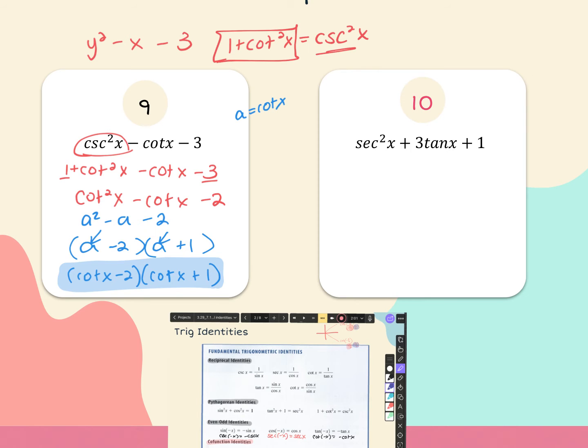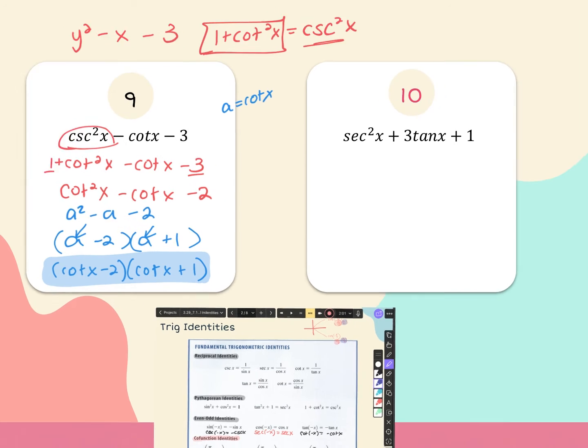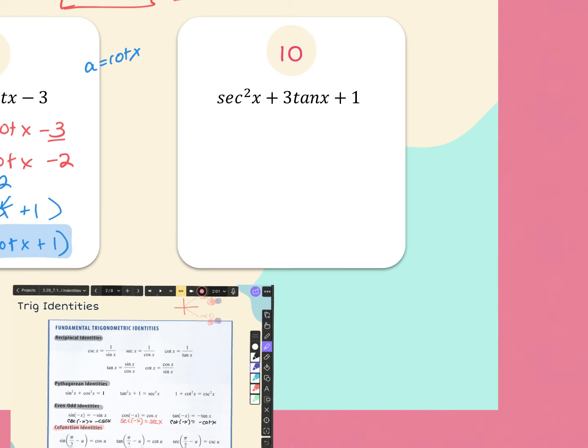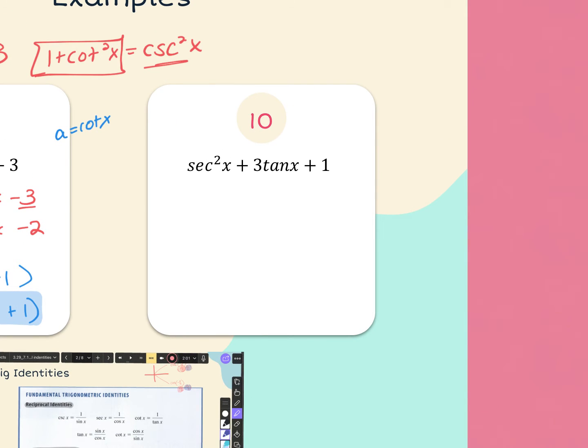All right, now look at 10. Again, we've got something squared, something not squared, and the number, which means we're usually going to factor something. But these are not like terms. So where on my reference sheet is there a link between secant and tangent? Tangent squared x plus 1 equals secant squared x.